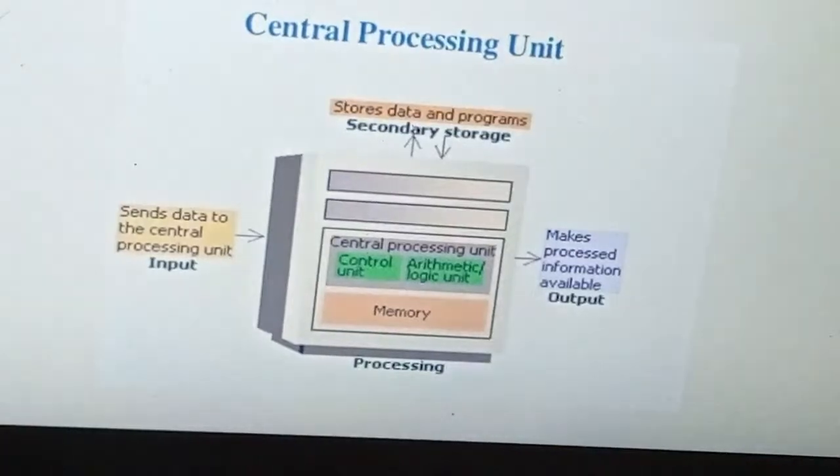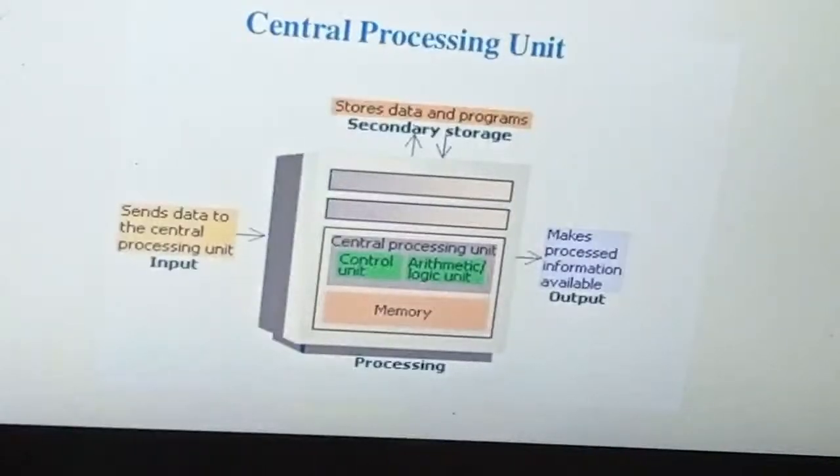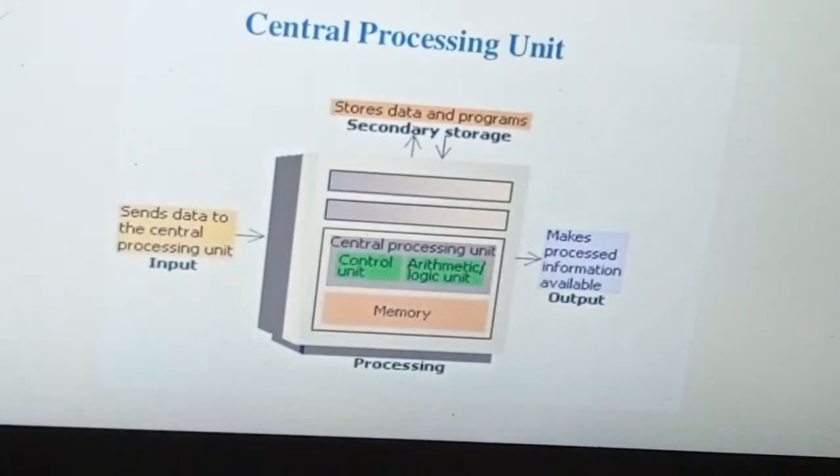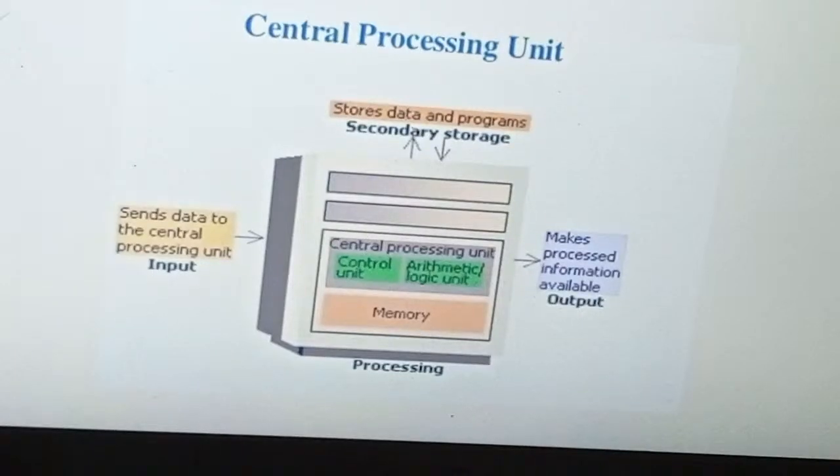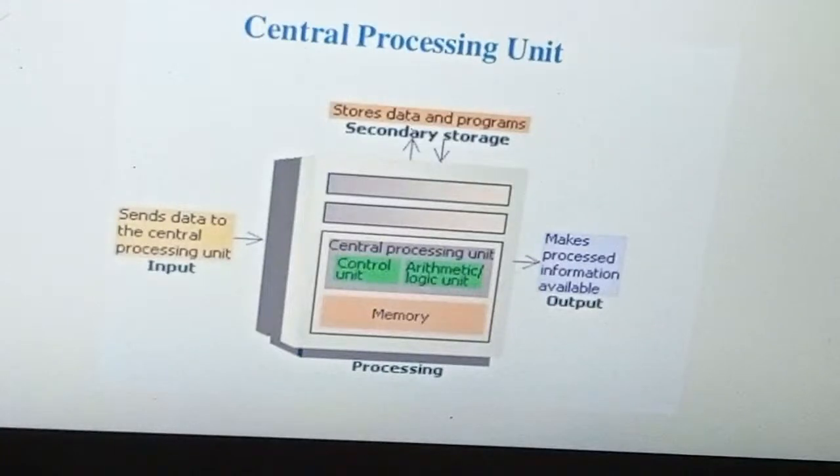Input devices. Coming to output devices, an output device is any device that receives data from the computer, usually giving a physical representation.